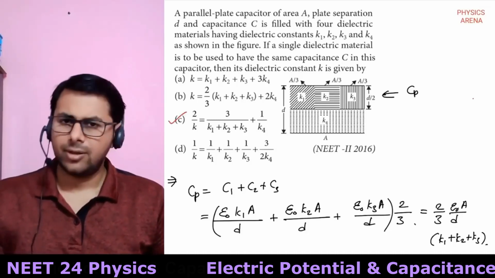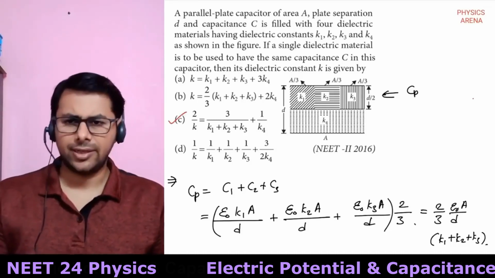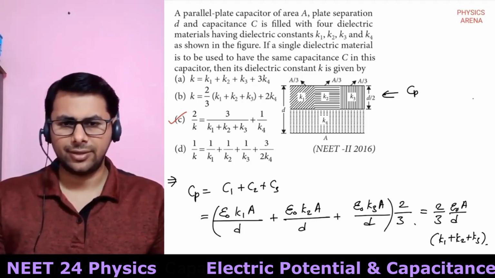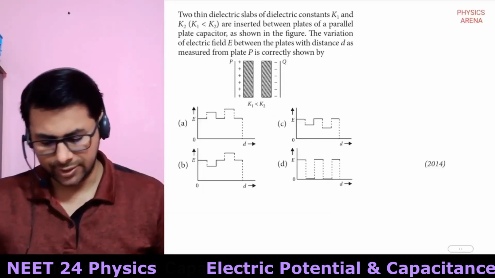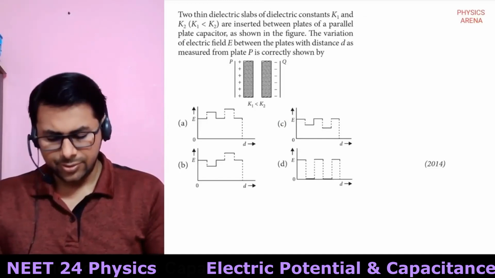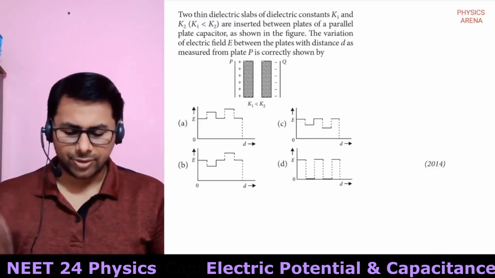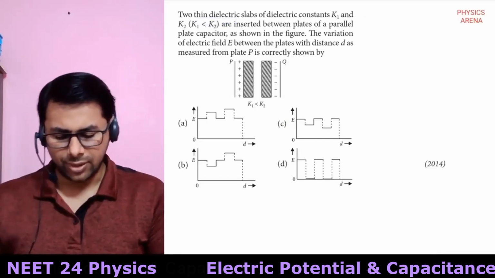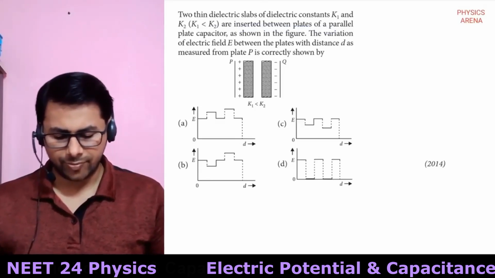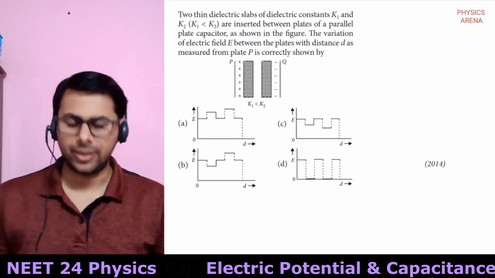So this is slightly lengthy, but simple question, right? Let's see next. Two thin dielectric slabs of dielectric constants K1 and K2 are inserted between the plates of a parallel plate capacitor as shown in the figure.